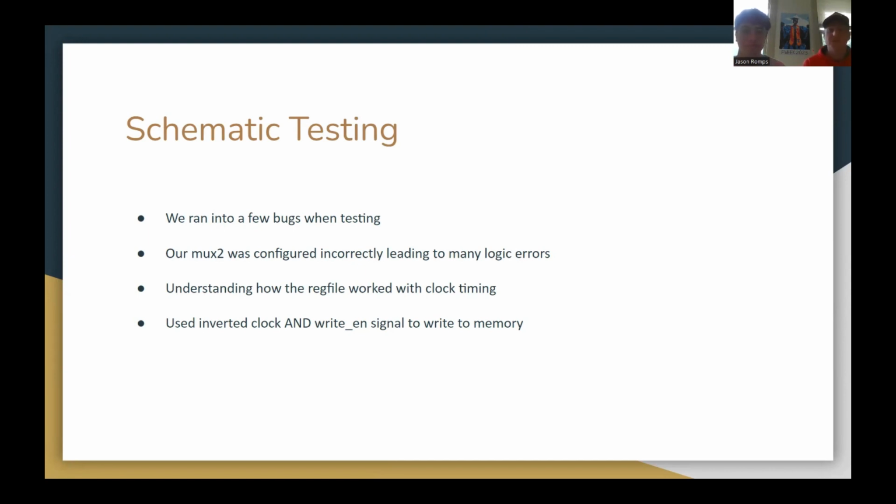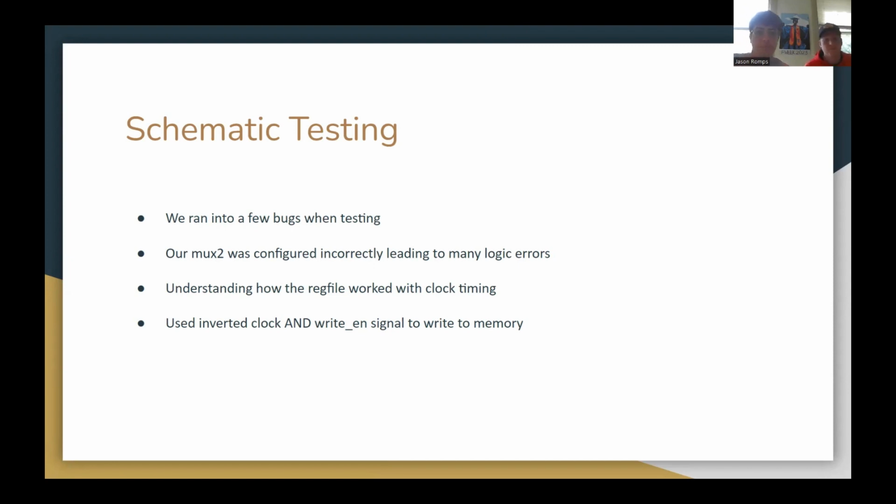That took some sketching out on pencil and paper to figure out what the actual logic unit was doing, and then integrating it into our design. With the timing of the reg file, we didn't understand the part of the document explaining how the 2 different clock cycles, the low clock cycle and the high clock cycle, were used in order to prevent data from racing through the data path through the reg file. After we fixed that, we were able to eliminate all the errors from our design and move on to layout.